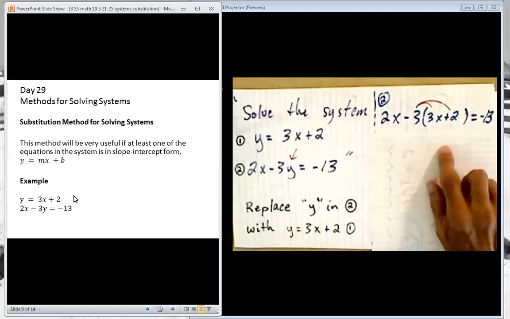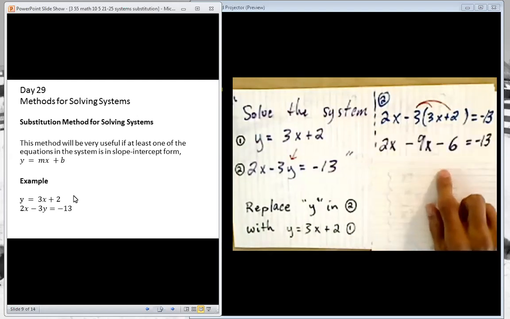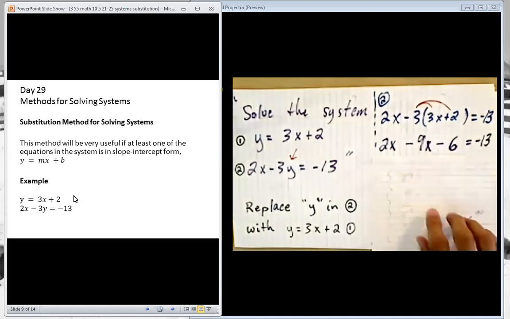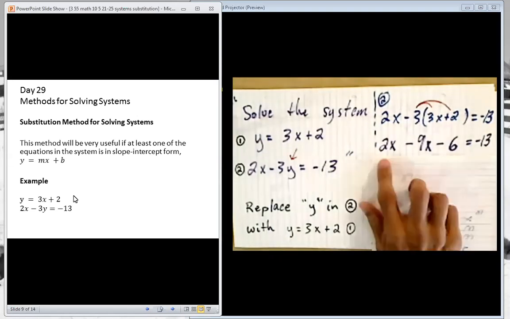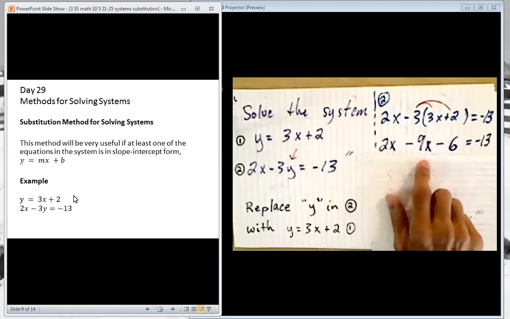Minus 6, but yeah, that's what we got. They're not times because it's 2x minus 9, right? So 2x.